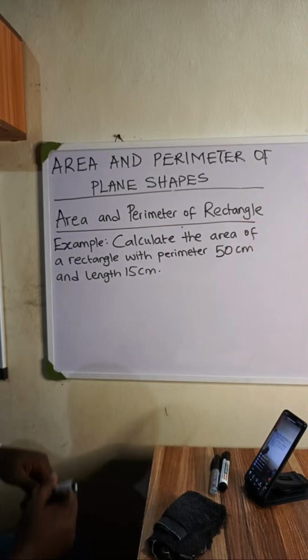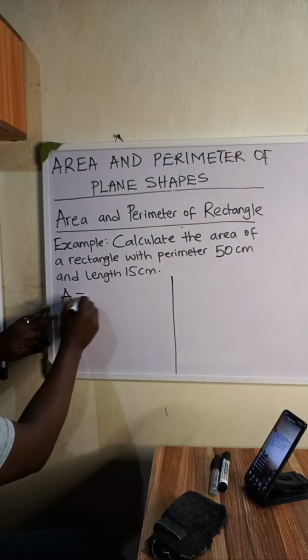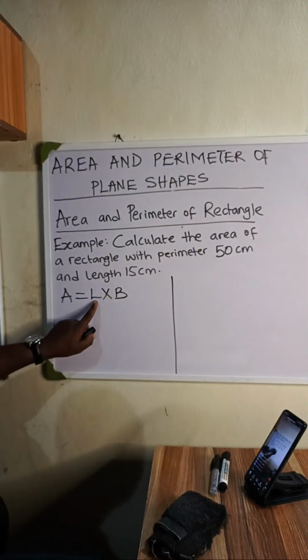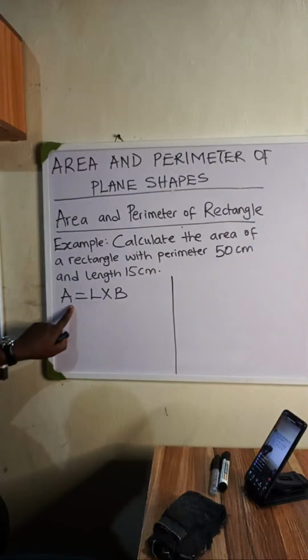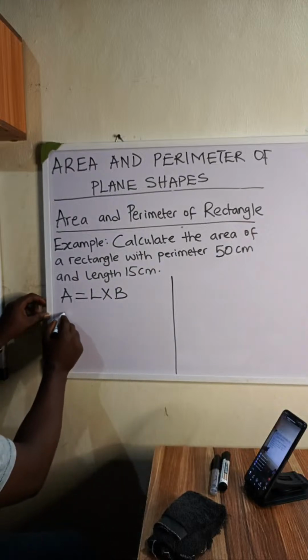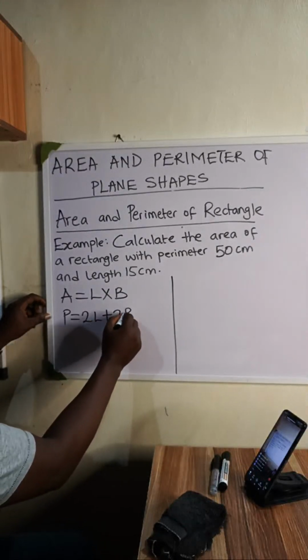Remember, area is equal to length times breadth. We only know the length, we don't know the breadth. Therefore, we cannot calculate the area. But for perimeter, we know that perimeter is equal to 2 length plus 2 breadth.